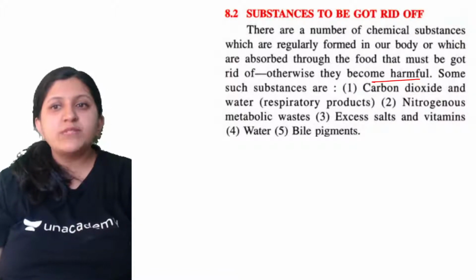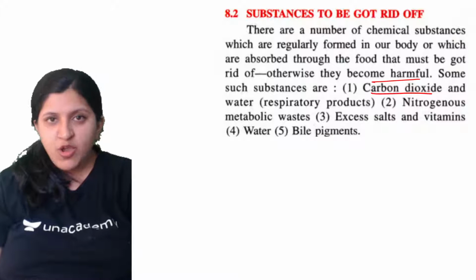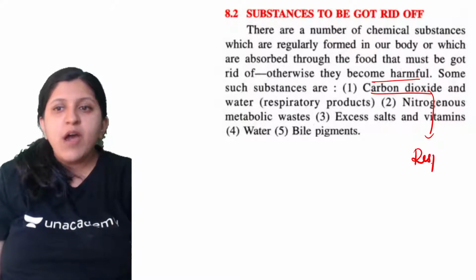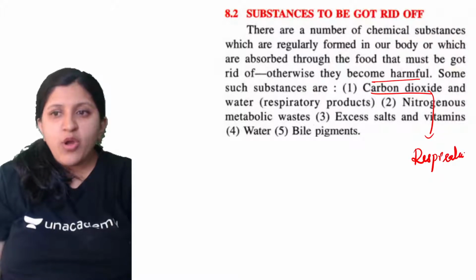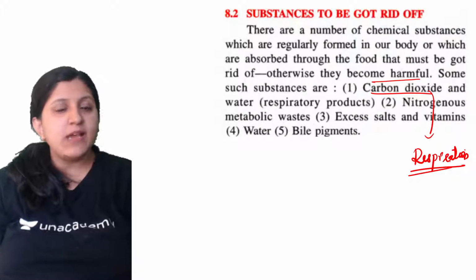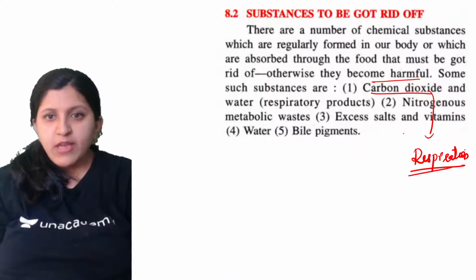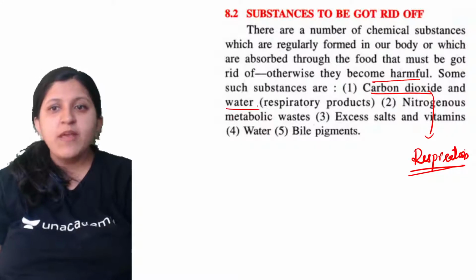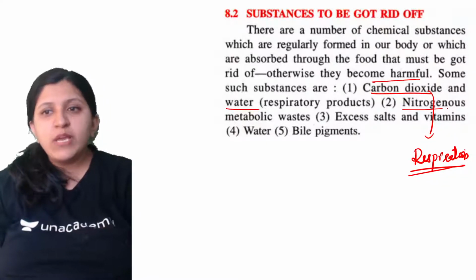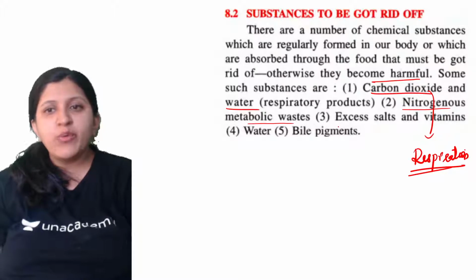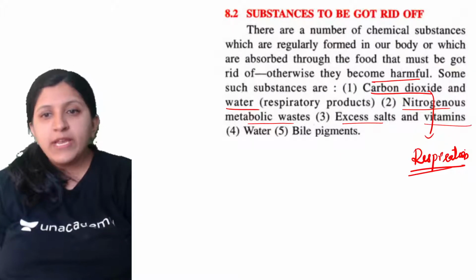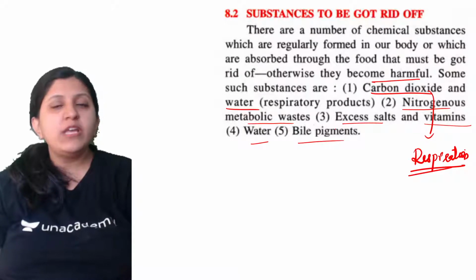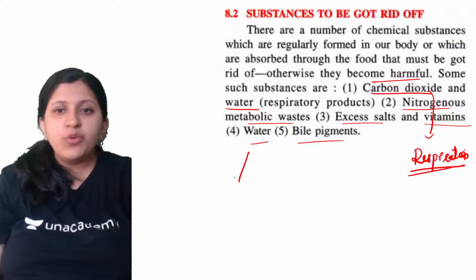Some such substances are carbon dioxide, which we get rid of through the respiration process, and water, again through respiration itself. Then nitrogenous metabolic waste, excess salts, vitamins, water and bile pigments are different substances found in the urine itself.